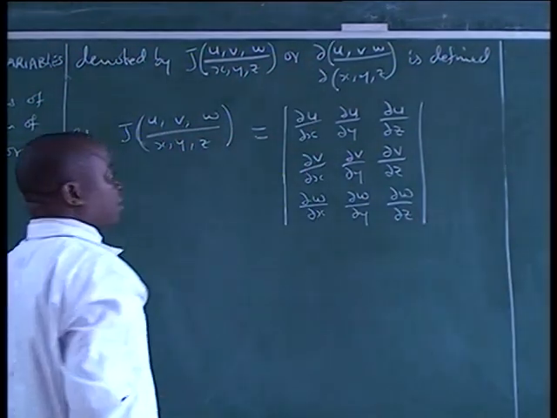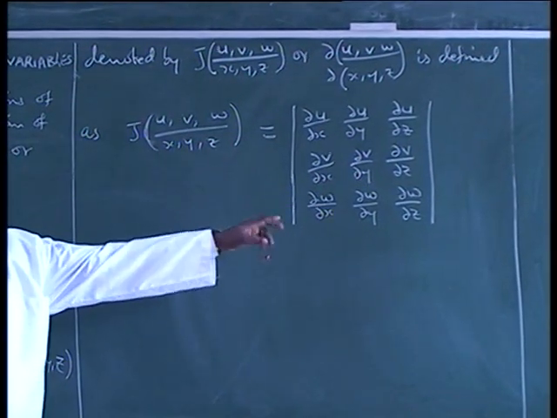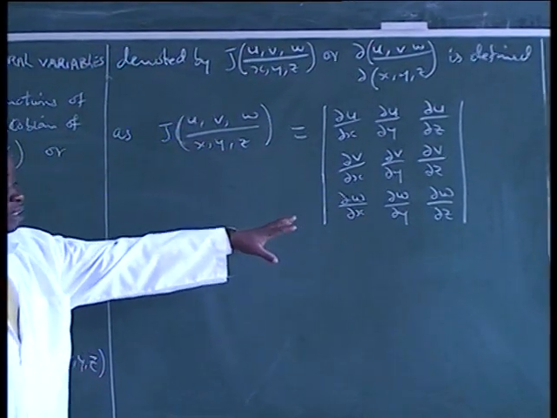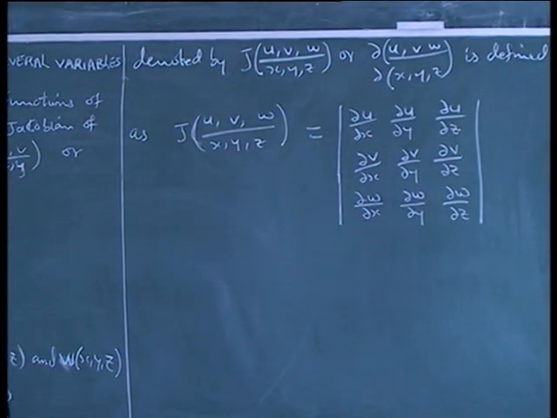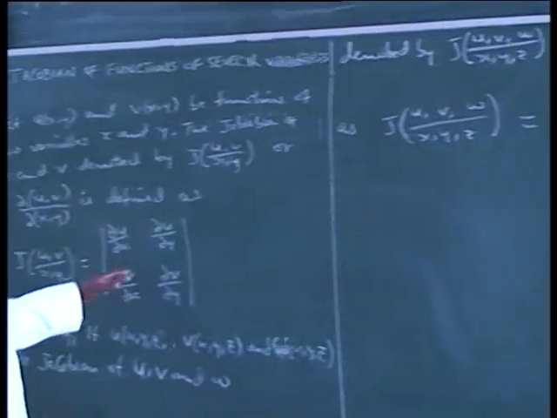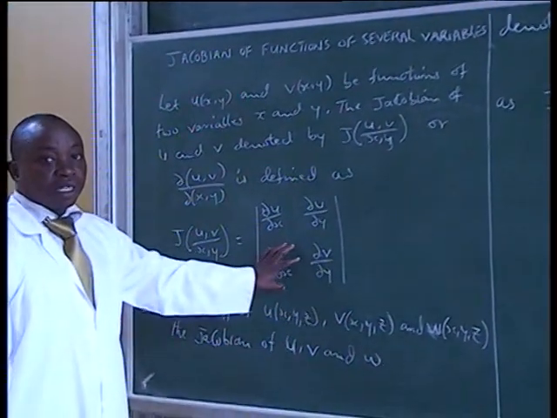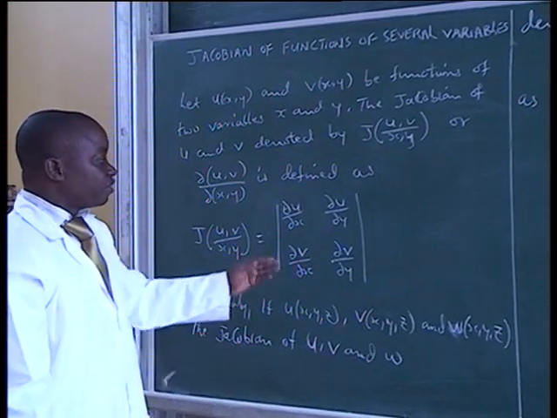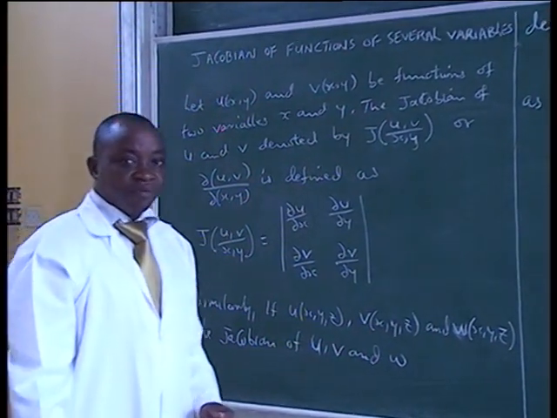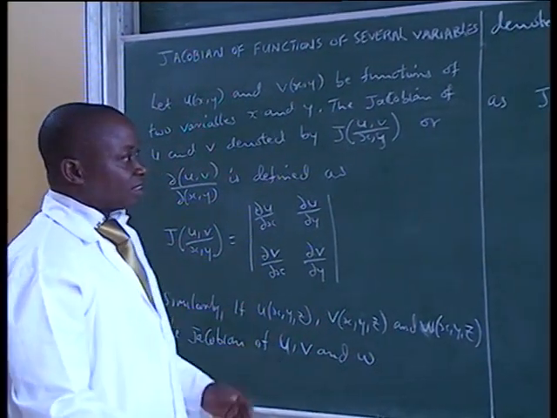So the Jacobian is equal to the determinant, the third order determinant, and that is for three functions. Then if you do it for two functions, you also have the second order determinant of first derivatives of the function with respect to each independent variable. So that is the Jacobian.